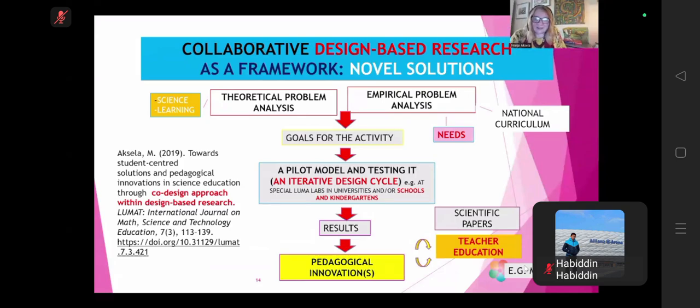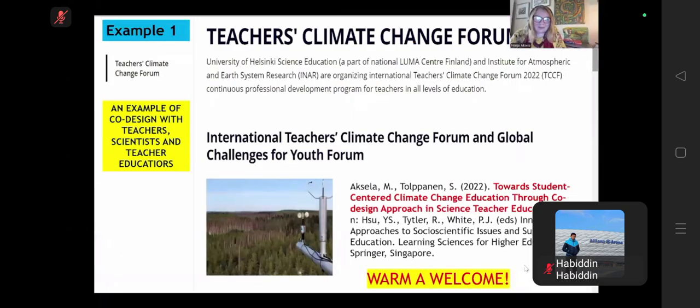And then finally we also get scientific results about their learning, but also those pedagogical innovations. And then we are updating them to teacher education. And sustainability, sustainable energy, is one of those topics where we have built novel ways.